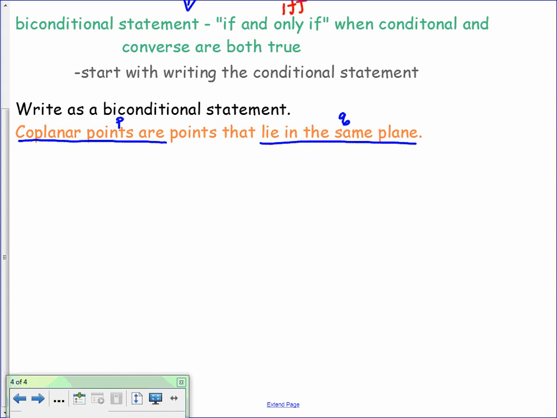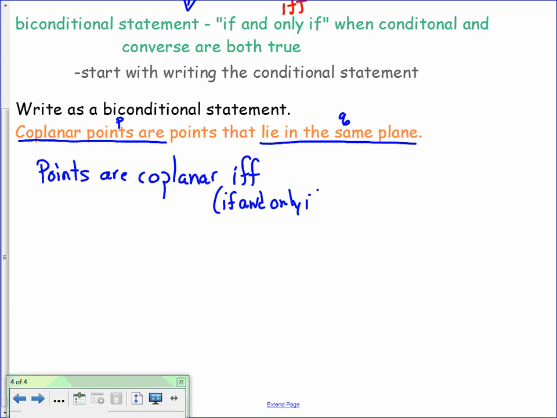Again, we call them P and Q. So instead of being if P then Q, it's going to be P if and only if Q. So we will say points are coplanar if and only if they lie in the same plane.